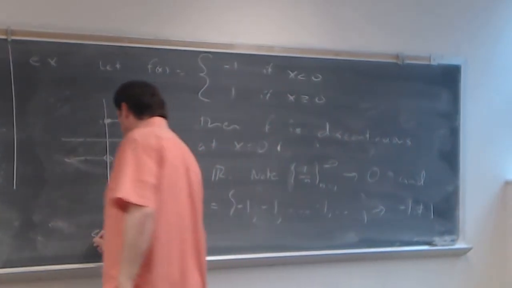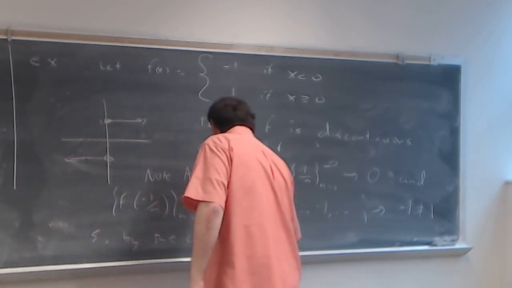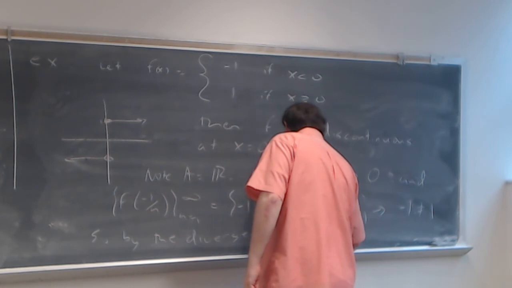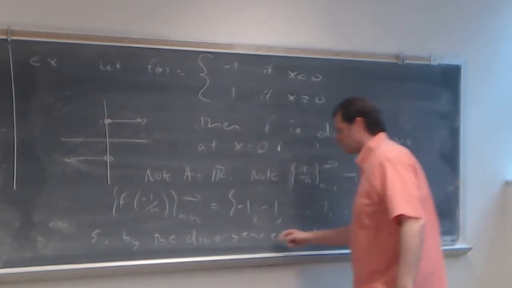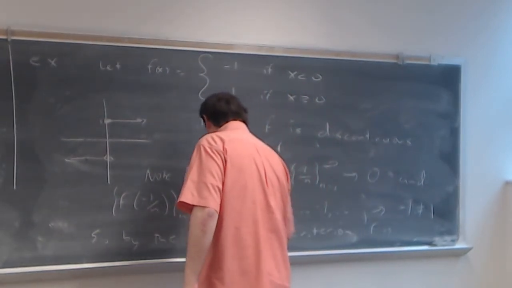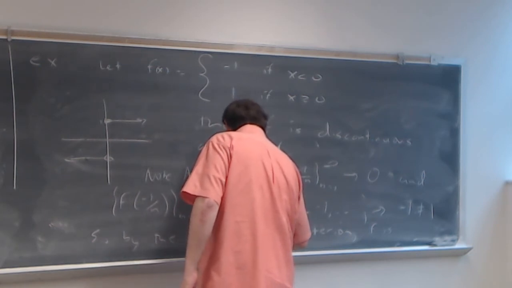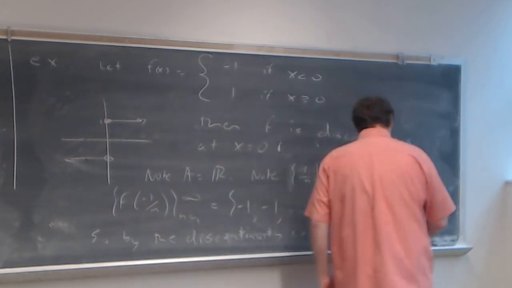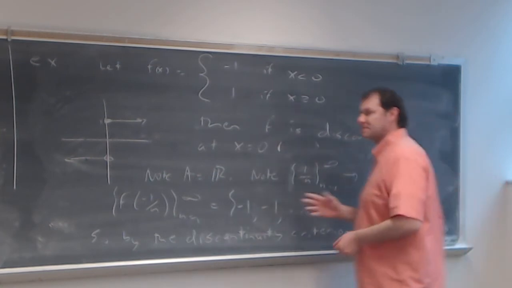So by the divergence criterion, f is not divergence, but it's not called divergence, it's called the discontinuity criterion. Yeah, I made a mistake. F is discontinuous at x equals 0. So that's an example.